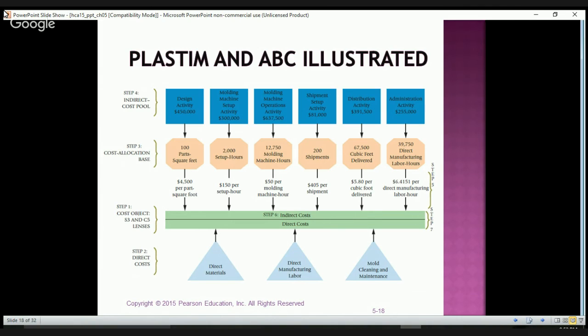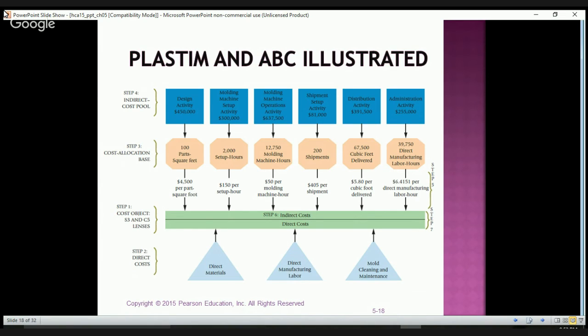So we're going to take the 300,000 divided by 2,000 and get $150 per setup hour. For the molding machine operation activities, it says we're going to use molding machine hours, which is 12,750. Divide that into $637,500 and get $50 per molding machine hour.